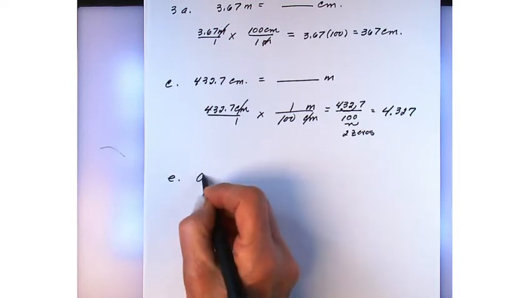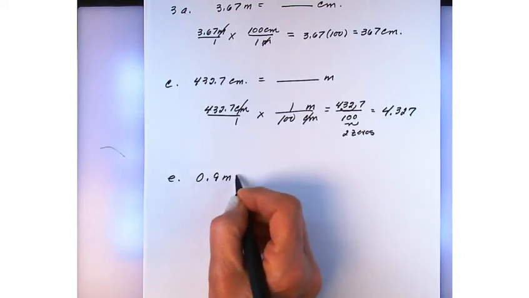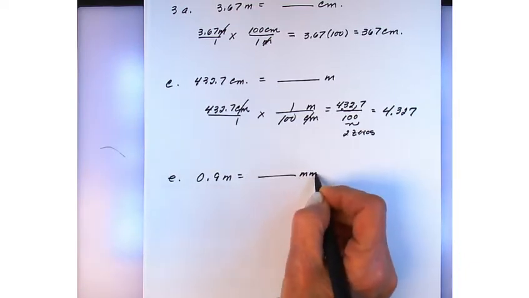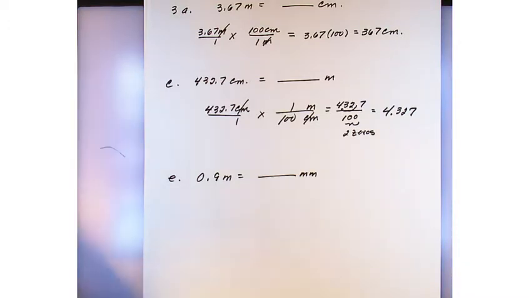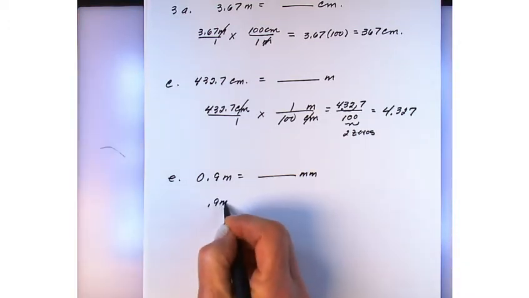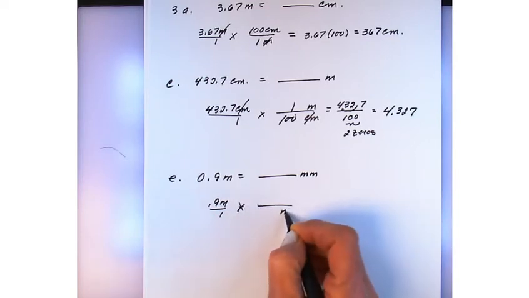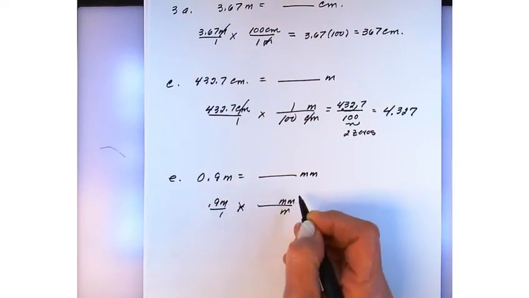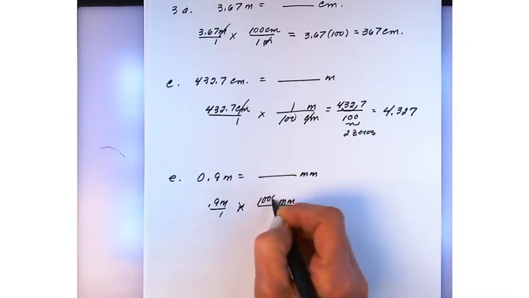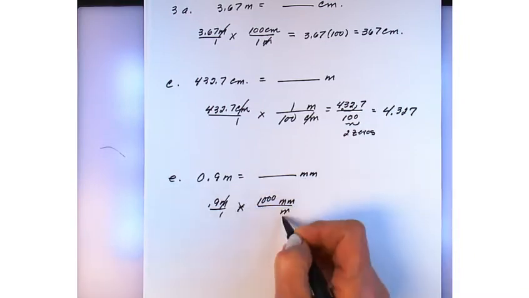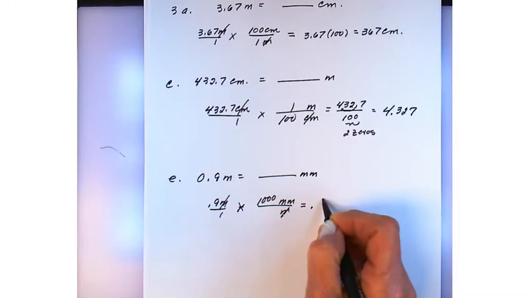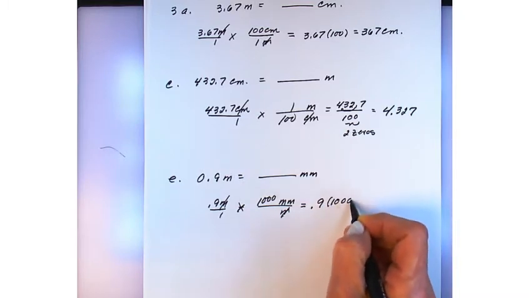E, 0.9 meters equals how many millimeters? So out go the meters, in come the millimeters. Milli means 1,000. The meters cancel. I have 0.9 times 1,000.